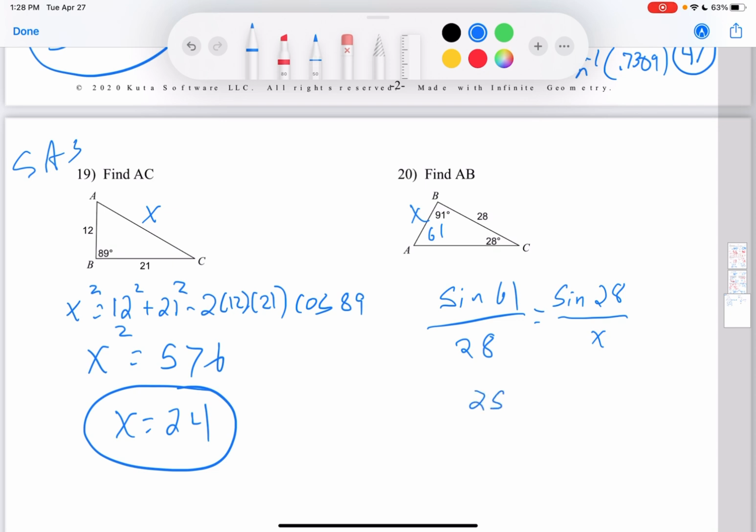So we'll go 28, that's a nice 8, times the sine of 28 divided by the sine of 61, your x value. So 28 sine 28 divided by sine of 61. You get 15 is equal to x.